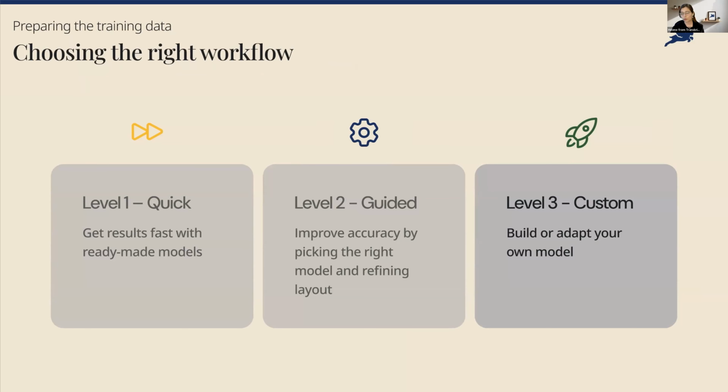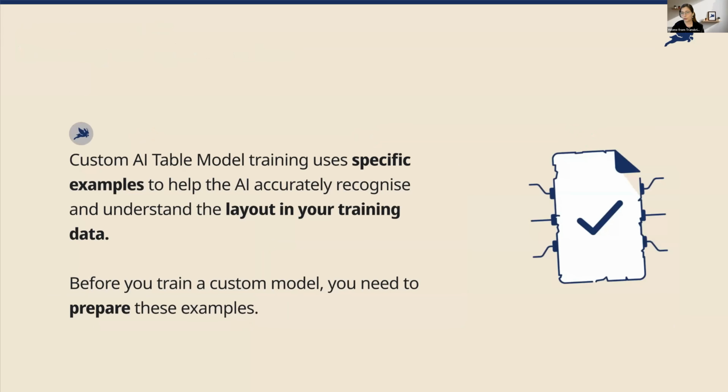This way you control the data that the model learns from. So just to repeat, the custom AI table model training uses specific examples to help the AI accurately recognize and understand the layout in your training data. And before you train this custom model, you need to prepare these examples that the model is learning from.